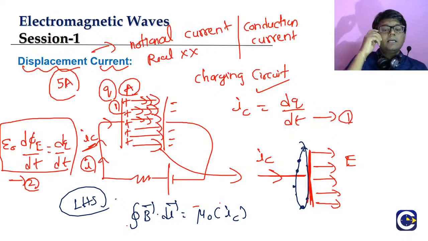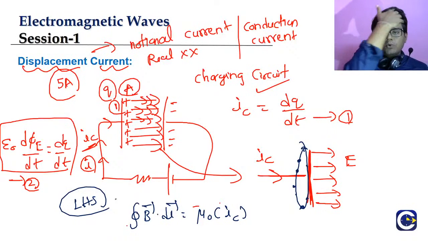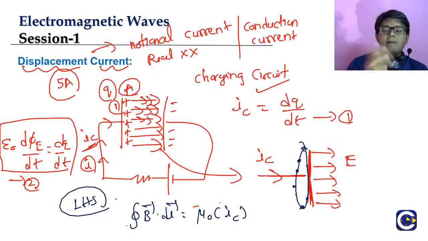The line integral of the magnetic field is mu naught into the current going through that loop. So we apply Ampere's loop rule on the left hand side.